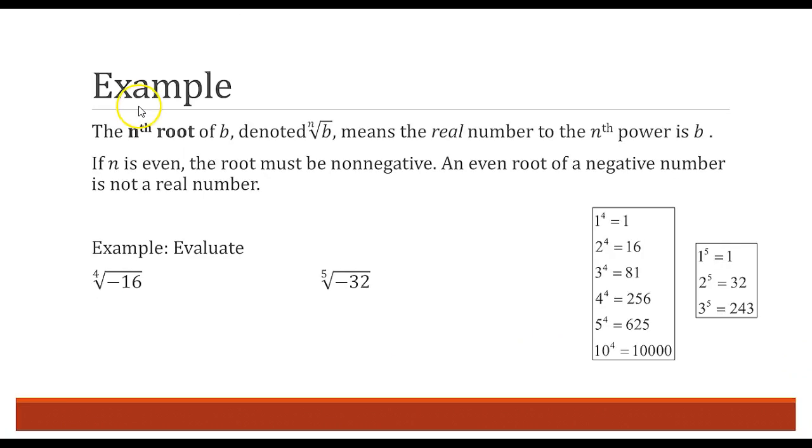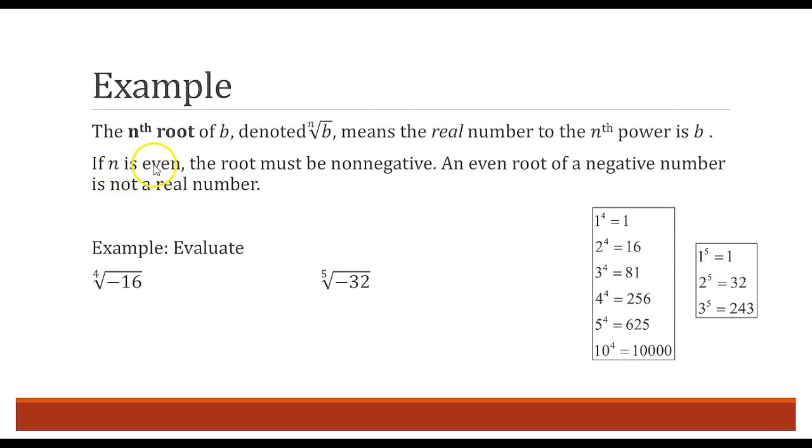In this example, we're going to generalize what we have been doing with square roots and cube roots. The nth root of b, denoted with a little n in the upper left-hand corner of the radical symbol, means the real number to the nth power is equal to b.